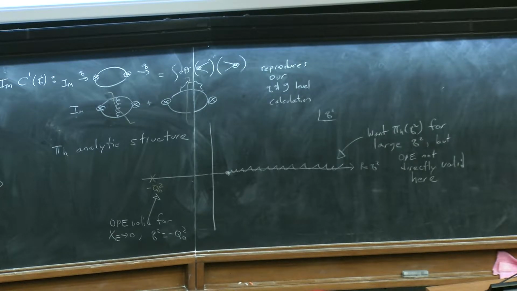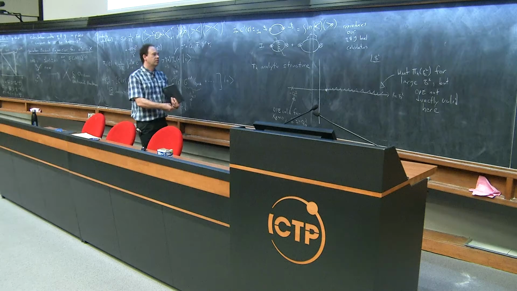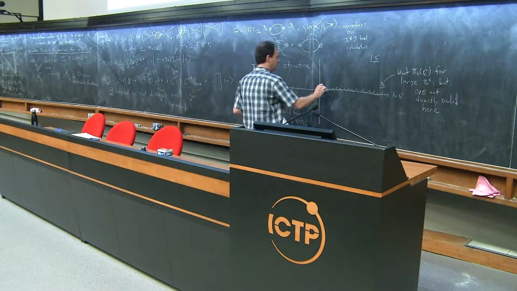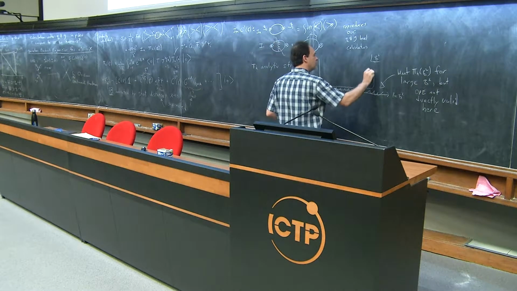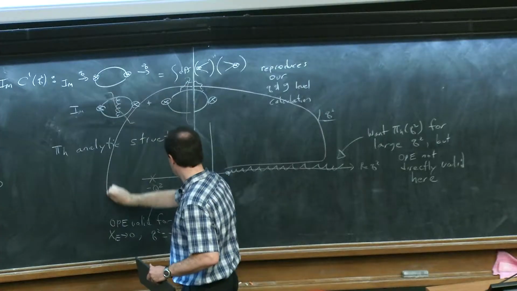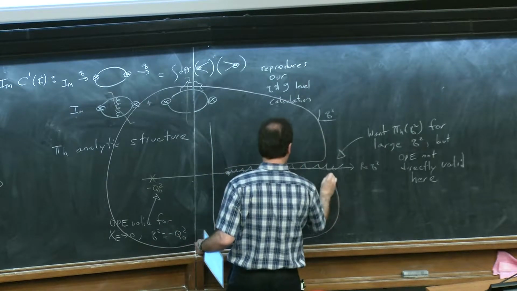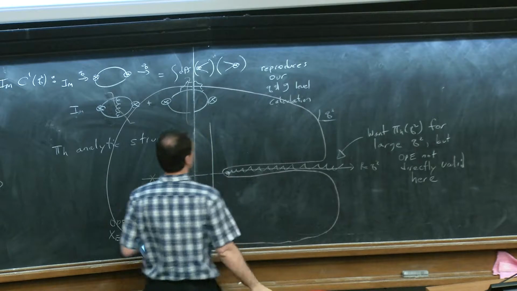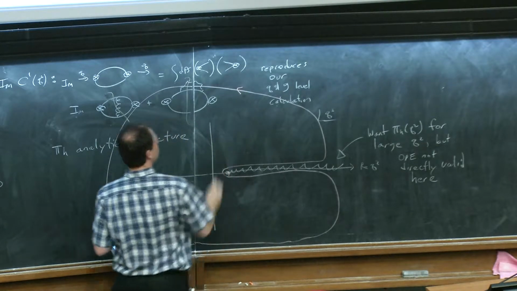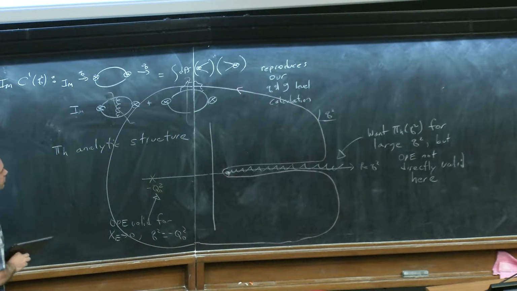But thankfully, there's relations between the physics in the complex plane due to complex analysis. So to see that, let's take a contour integral. It looks like this. And I'll just think about integrating that along that contour.